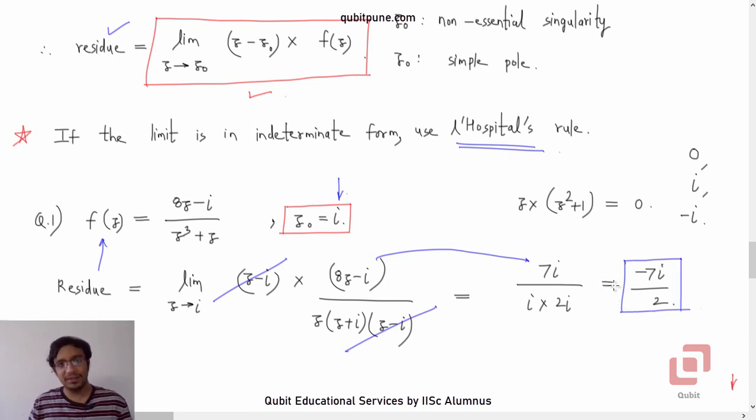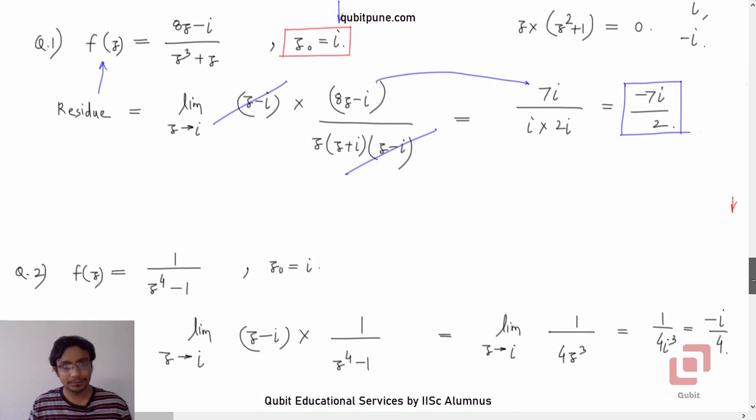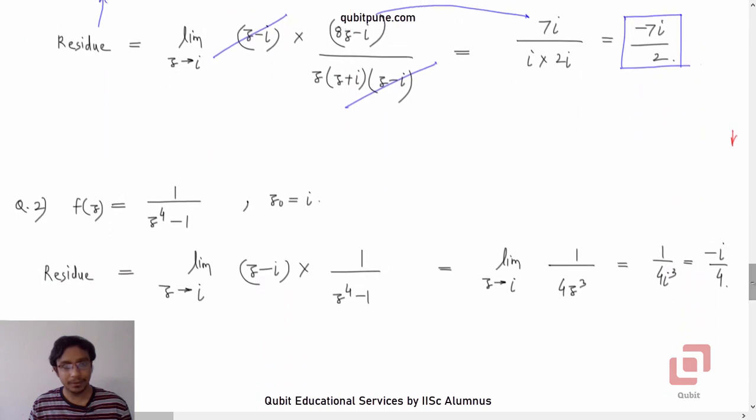Now let us see when we are required to apply L'Hospital's rule. Question 2. Let us say we are interested in finding the residue of the function f of z at the same point, z0 equal to i.